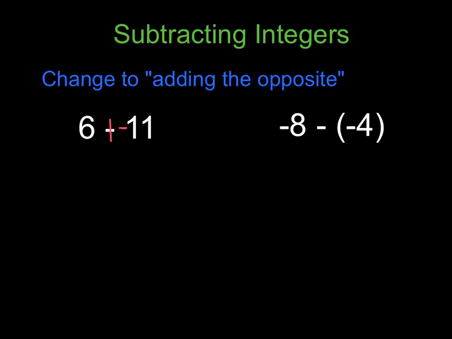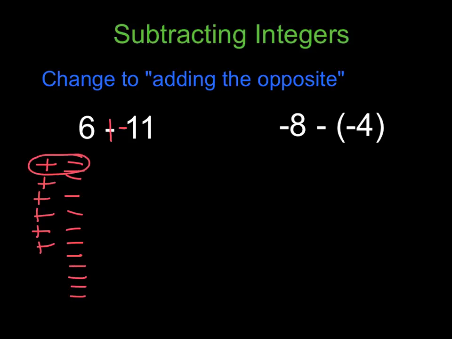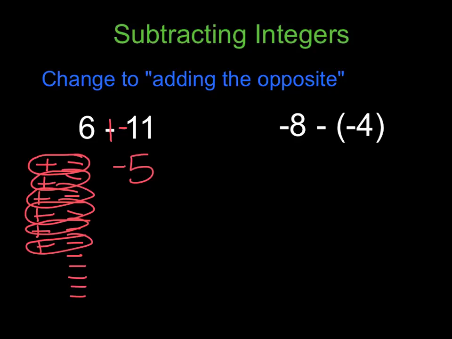So if I change this to 6 plus negative 11, that would look like 6 positives, and you are adding 11 negatives. And you want to cancel out or make those 0 pairs with your positives and negatives together. And if you count what you have left, you have 5 negative signs, which represents the number negative 5.